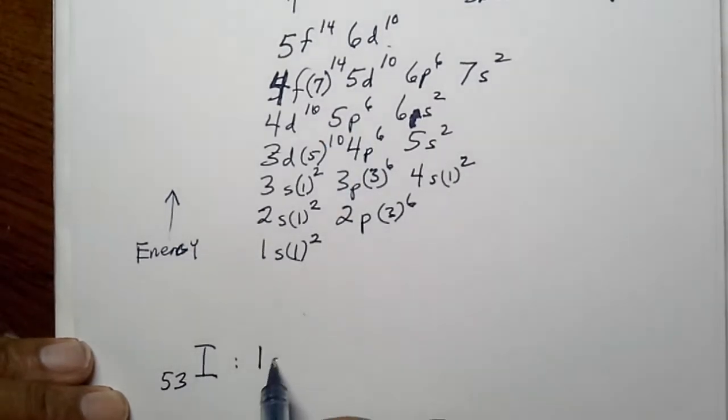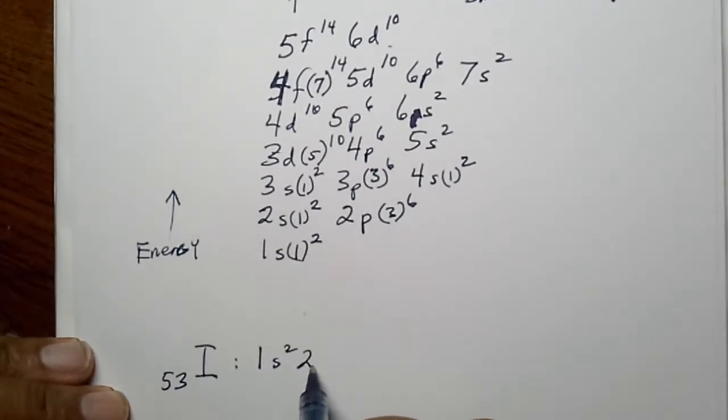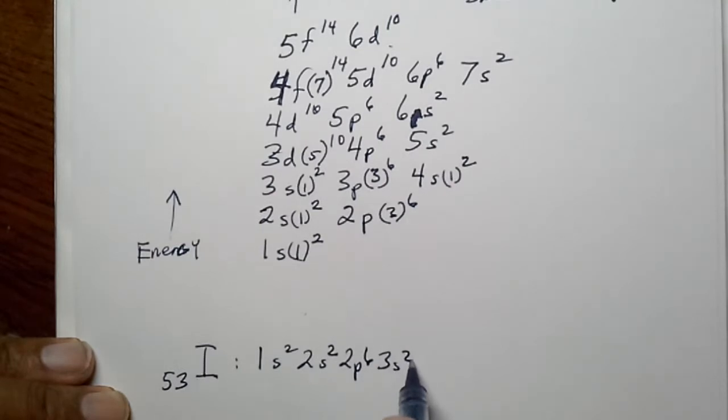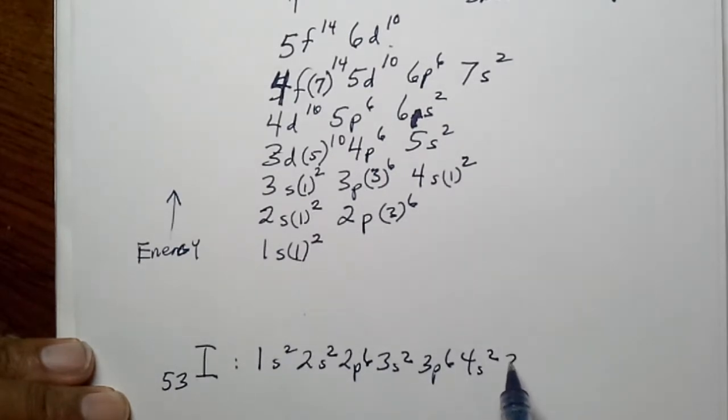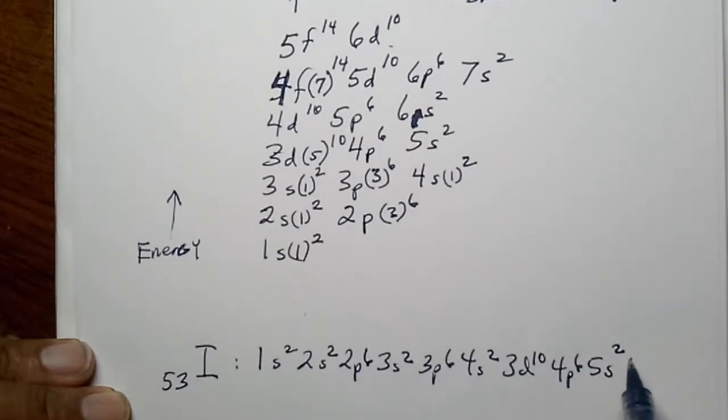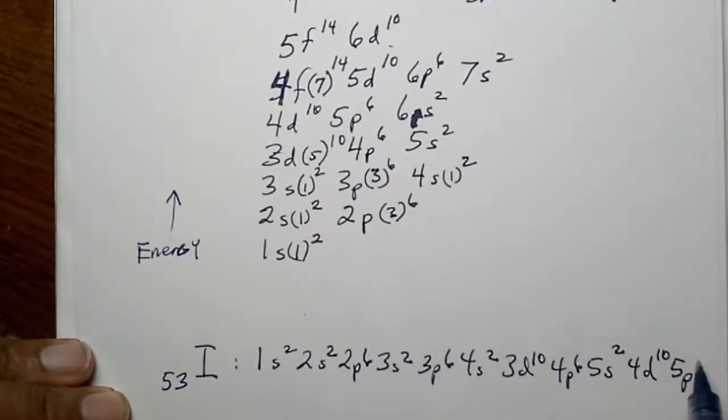We have 1s2, that's 2 electrons, 2s2, 2p6, 3s2, 3p6, 4s2, 3d10, 4p6, 5s2, 4d10, and 5p5.